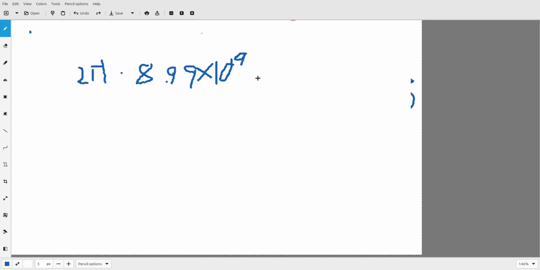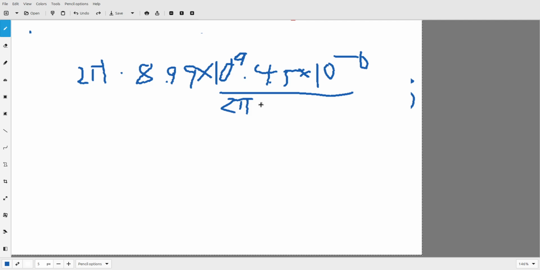Lambda is going to be the charge, which is 4.5 times 10 to the negative 6, because it's micro, okay? Change the microcoulombs to coulombs, over the length, which is 2 pi r, which is 2 pi times 6 centimeters. That's 0.06 meters.